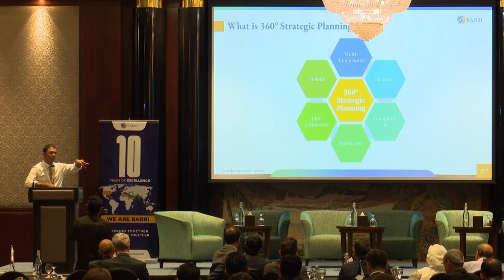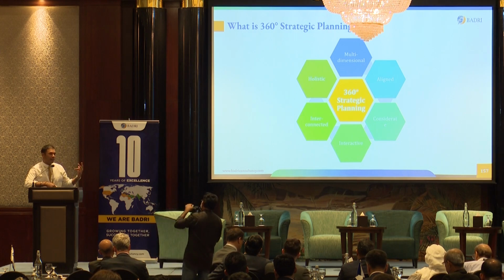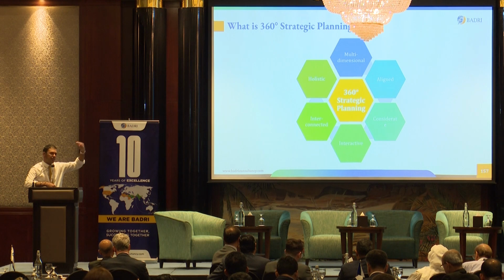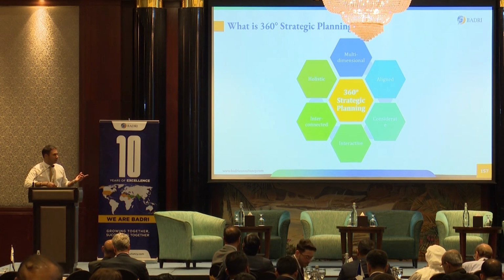So the whole idea of 360 strategic planning is a more holistic approach, right? Aligned across, so yes, it's top-down, but it's aligned across the whole business. And perhaps more importantly is the word there, interactive.